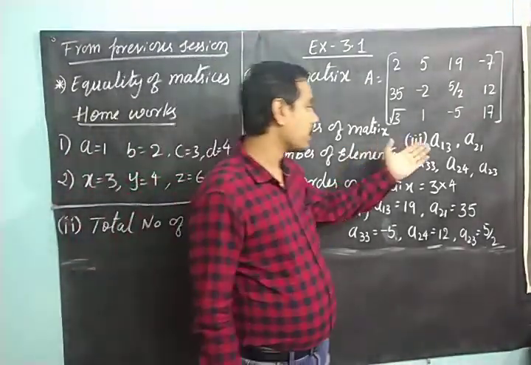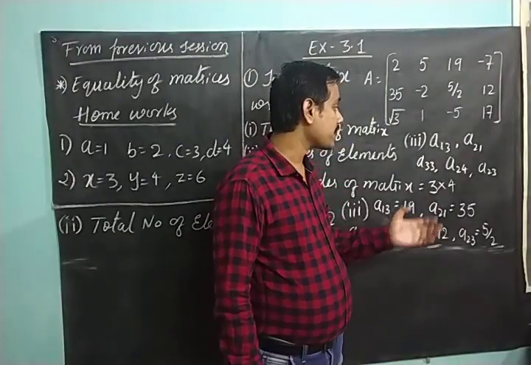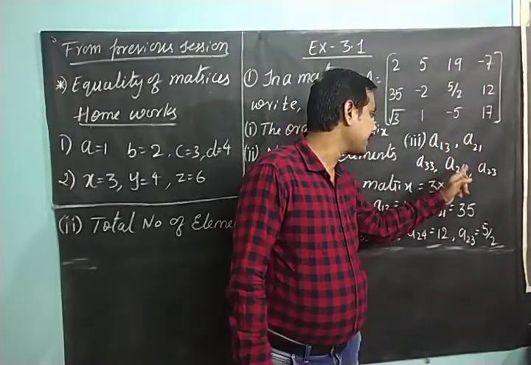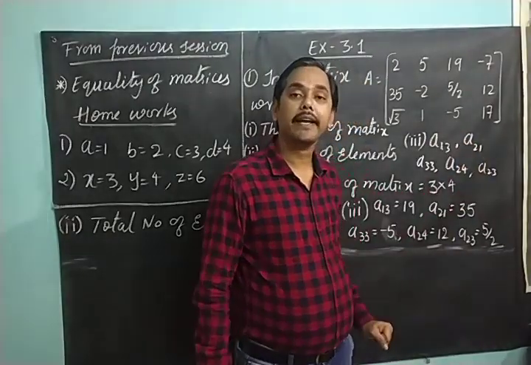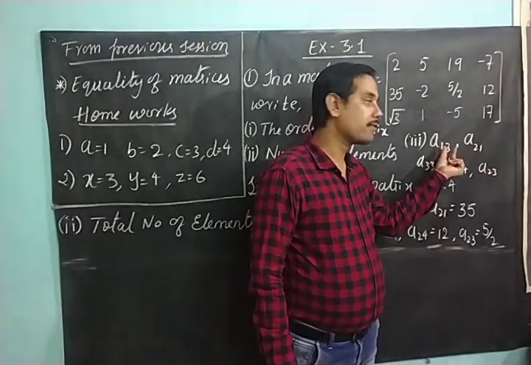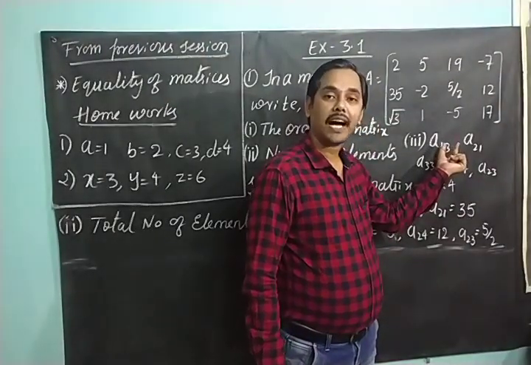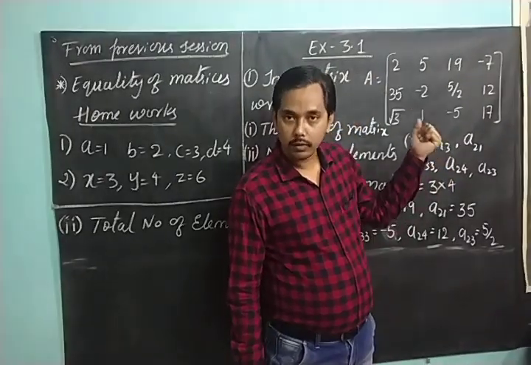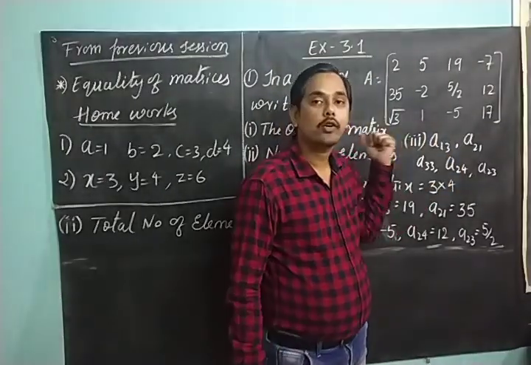Coming to the third part, we need to find the values of A13, A21, A33, A24 and A23. What is this A13? As we all know, the subscript represents i and j, where i represents the row and j represents the column.